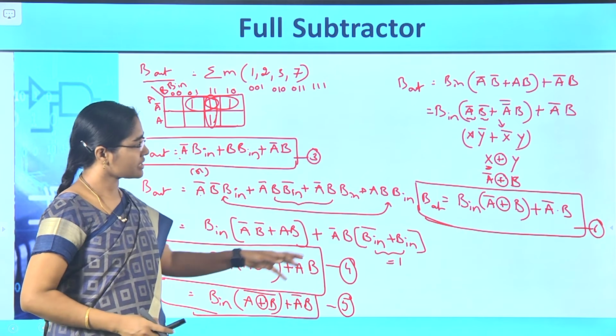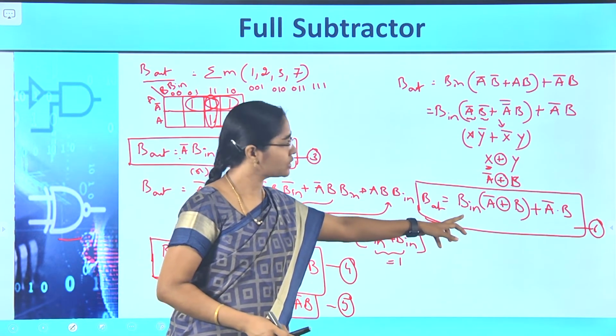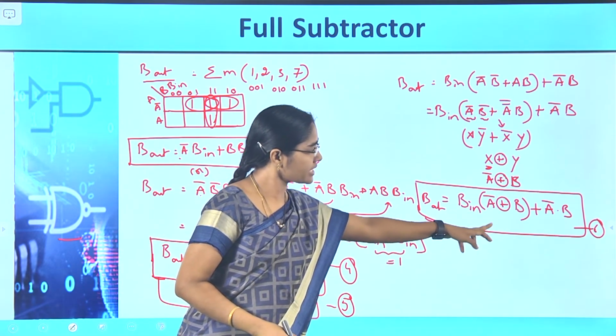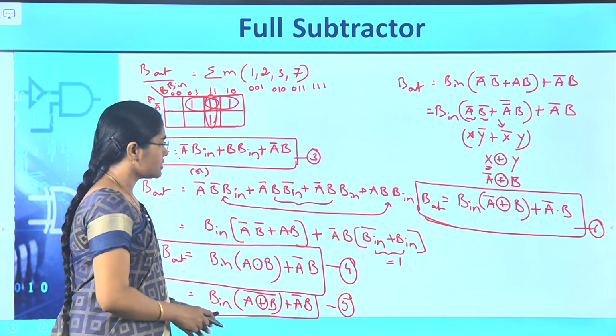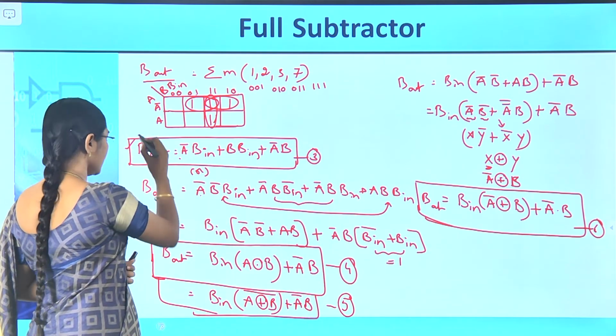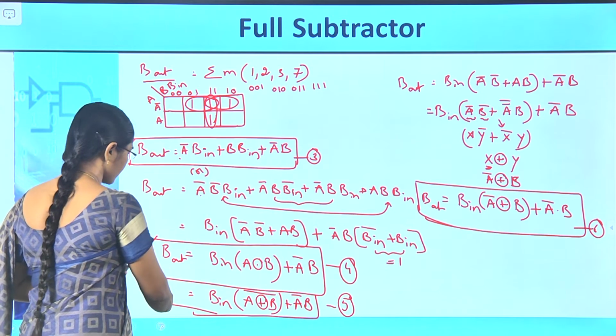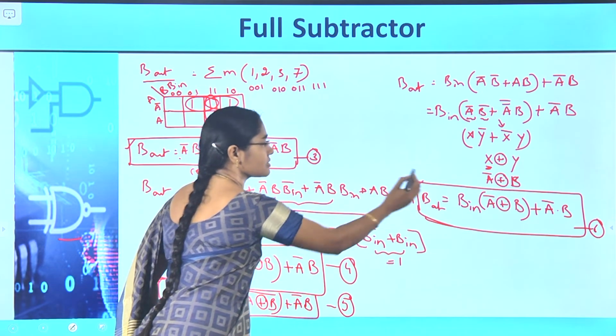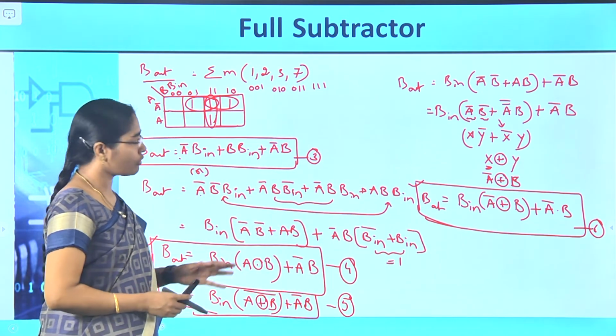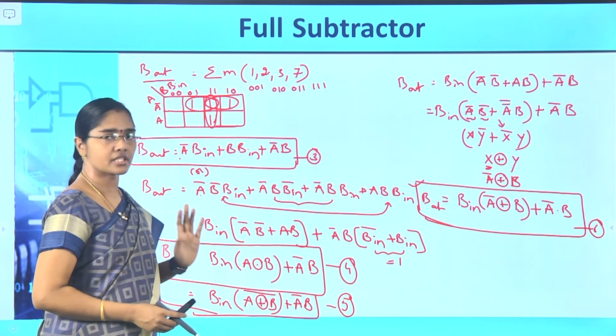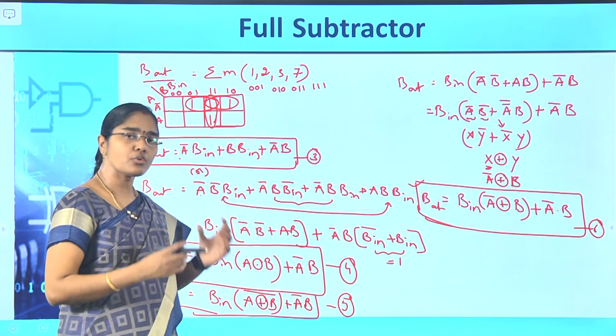Another form of representation is B in into A bar XOR with B plus A bar B. So see here, equation 3 or equation 4, equation 5 and equation 6. 4 different alternative representations for the borrow out expression.